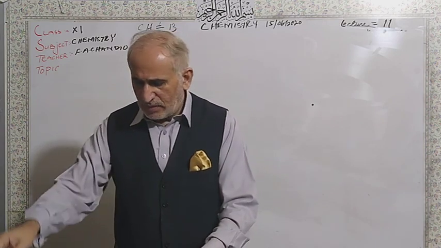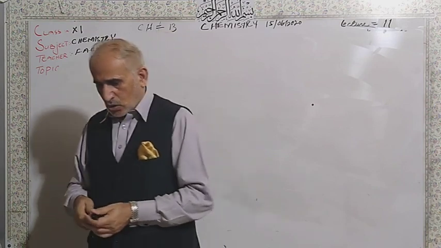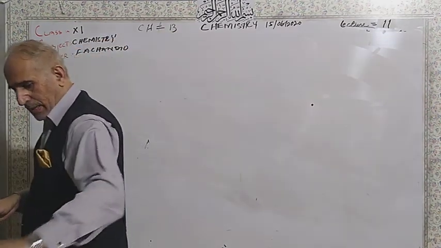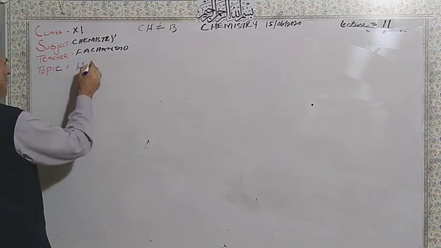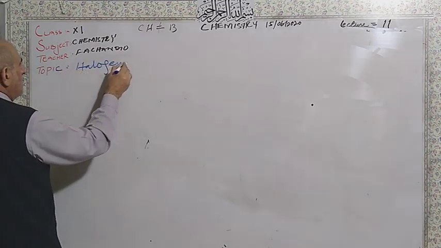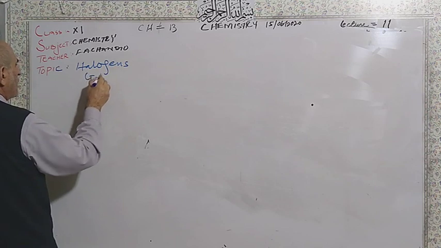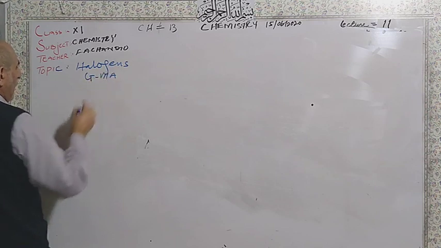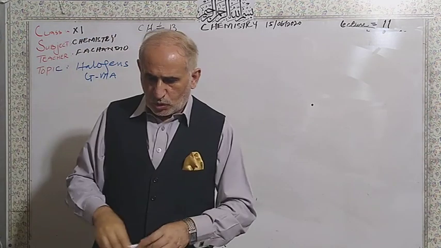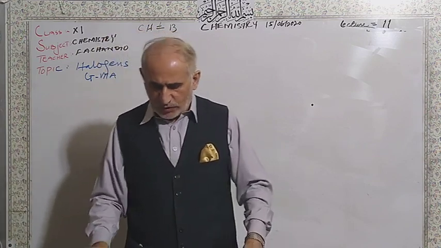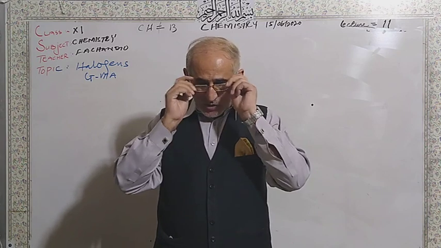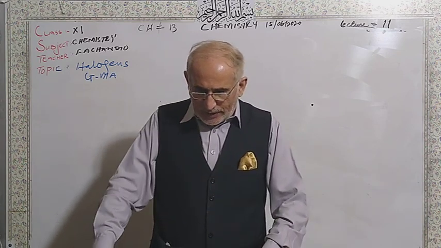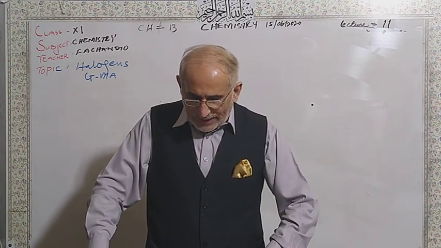These are the halogens, group number 7A. A few topics we discussed in the last lecture were electron affinity, melting point, boiling point, bond enthalpies.